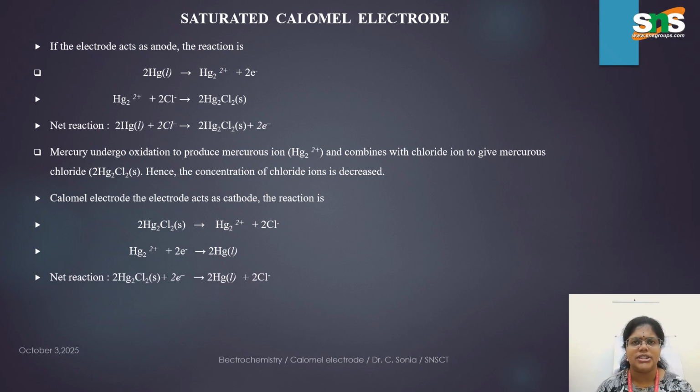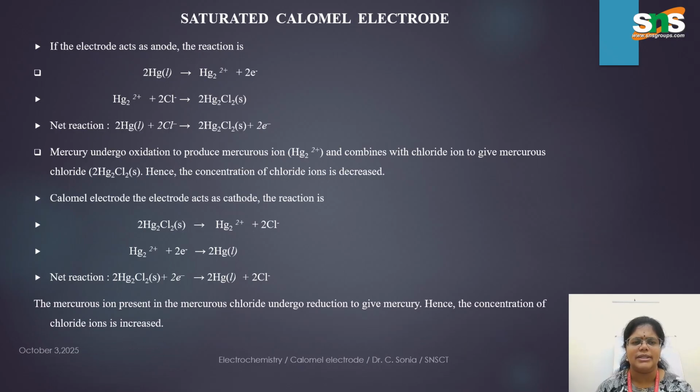The net reaction is mercurous chloride plus 2 electrons giving Hg plus 2Cl minus. The mercurous ion present in the mercurous chloride undergoes reduction to give mercury. Hence, the concentration of the chloride ion is increased in this case. So when the electrode acts as an anode, the chloride ion decreases, and when the electrode acts as a cathode, the chloride ion is increased in the solution.